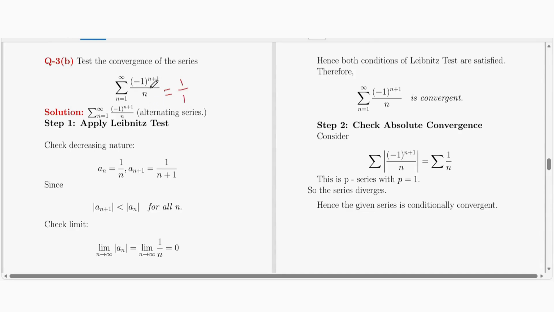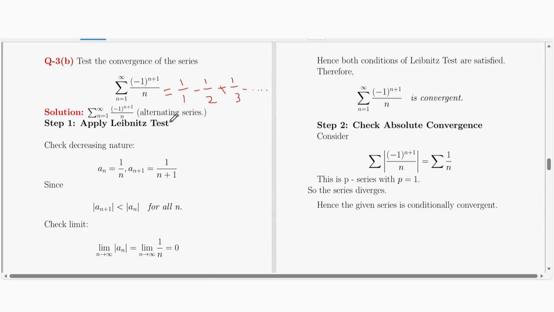Now put n equal to 2. So 2 plus 1 is 3, negative. So we get 1 upon 2. Now put n equal to 3. So 3 plus 1 is 4, positive. So we get 1 upon 3 and so on. Okay. So what is this series? Alternating series. Here the sign alternates, plus minus and so on. Okay. So this is the alternating series.